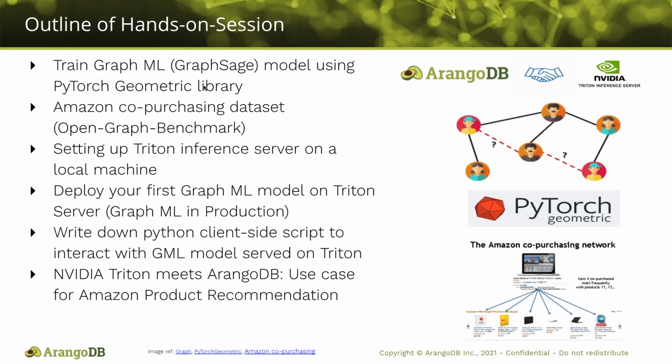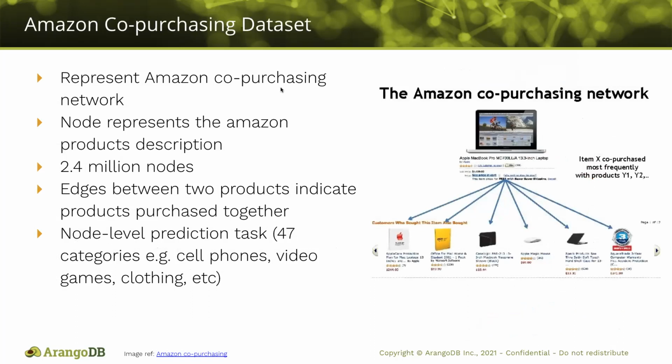Then we will write a Python client-side script to interact with graph machine learning models served on Triton. And at the end, we will conclude by writing up this Amazon product recommendation case study, which involves the Triton inference server and the Arango database.